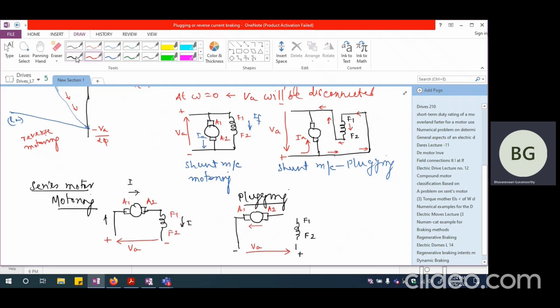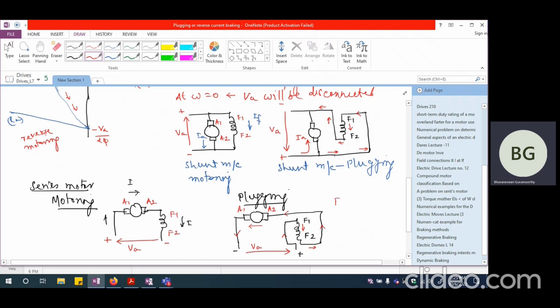So from here, I would connect this to F1, and from here, I would connect this to A2. So the current would flow still in this direction, from F1 to F2, and the current would flow this way from A2 to A1 and back to the negative terminal.